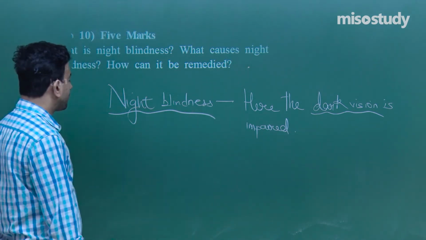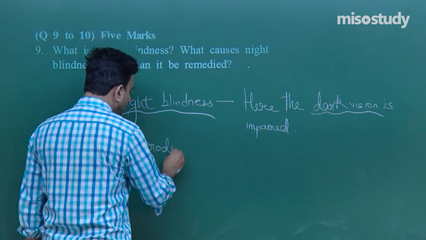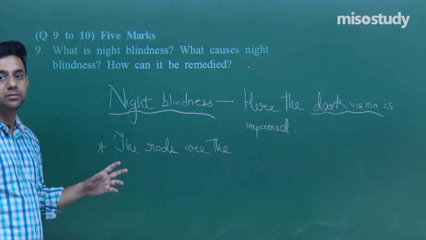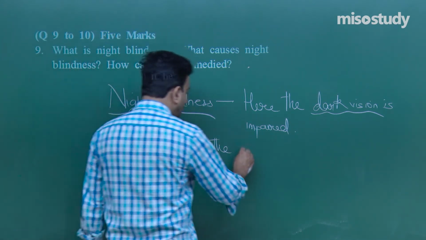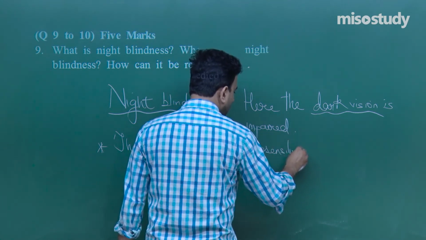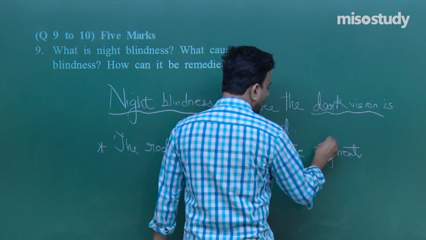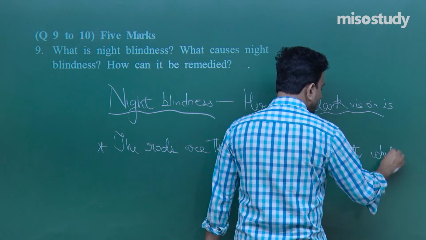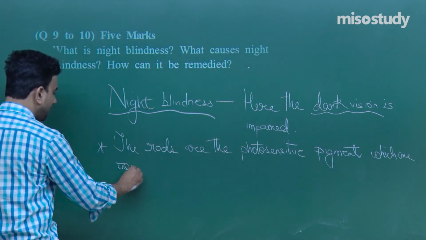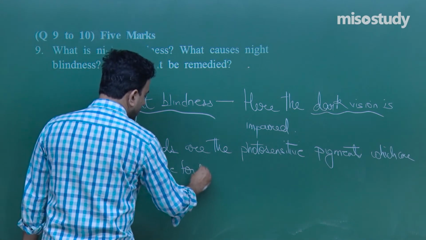Now, the rods are the photosensitive pigments which are responsible for seeing in the dark, responsible for dark vision.